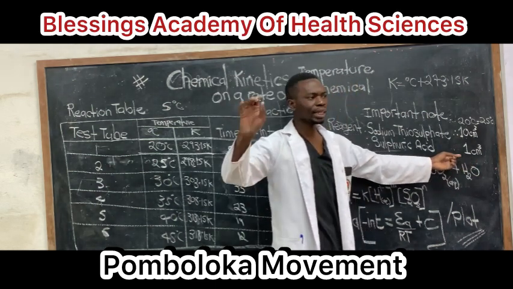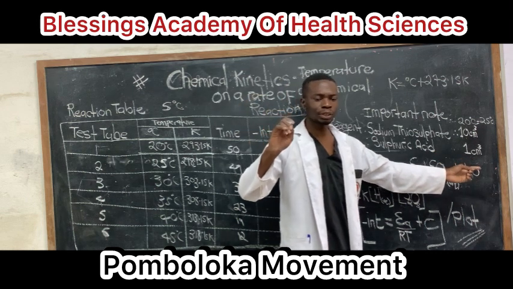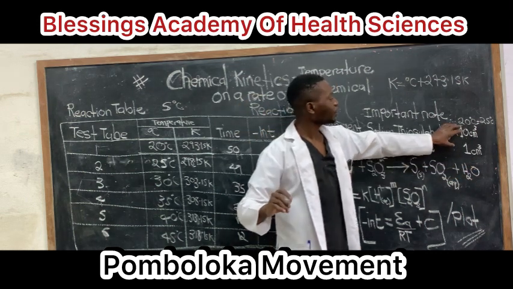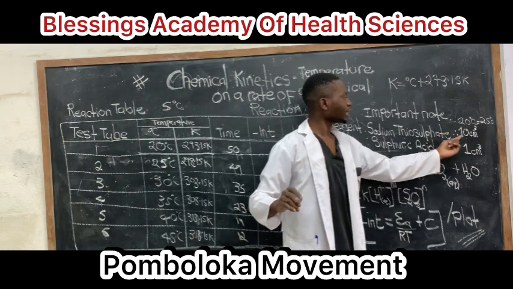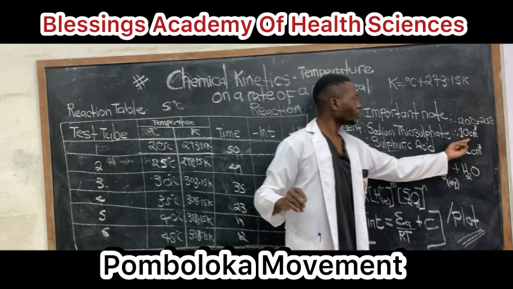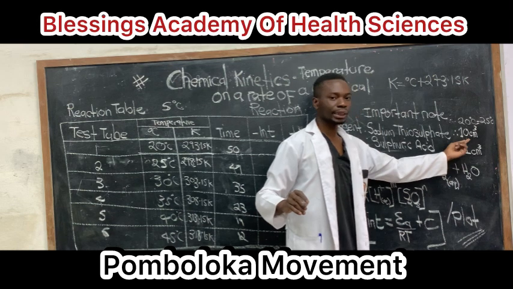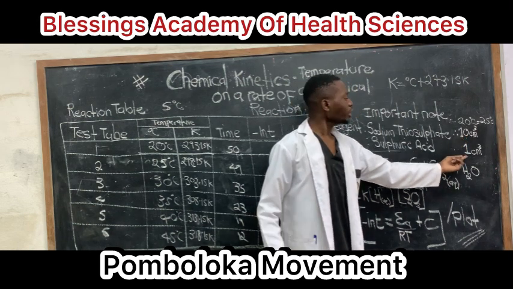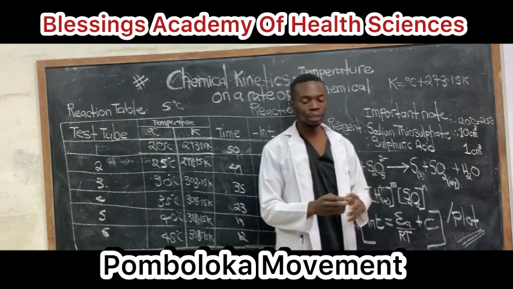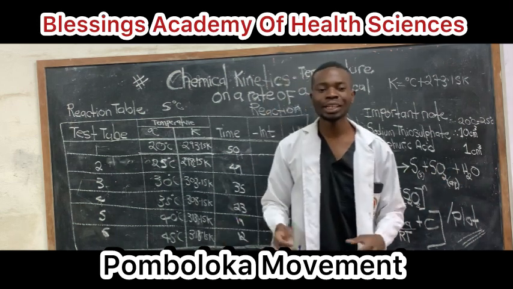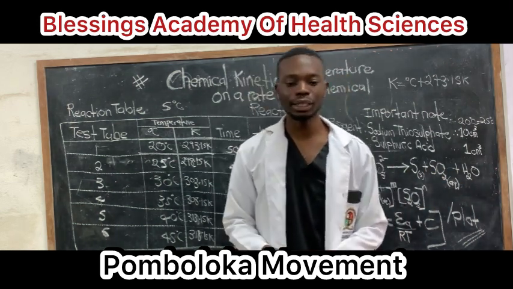So what have I done here? What is one of the most important details I've taken? I found the room temperature of the sodium thiosulfate as 20 degrees in a volume of 10 cubic centimeters, and then I'm going to collect 1 cubic centimeter of the sulfuric acid and put them all together. There's something very important that you should know before you mix them.